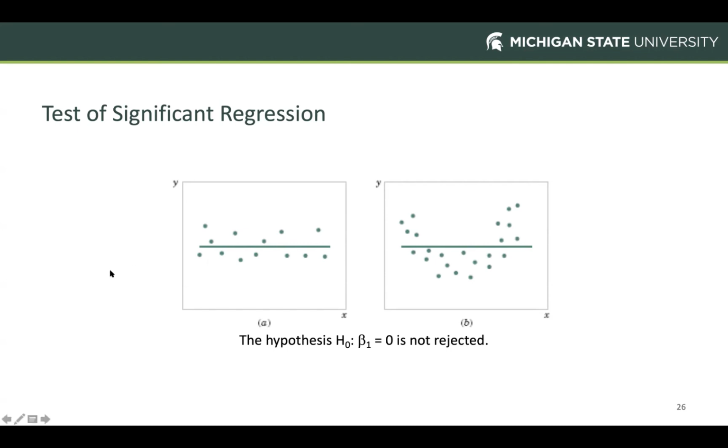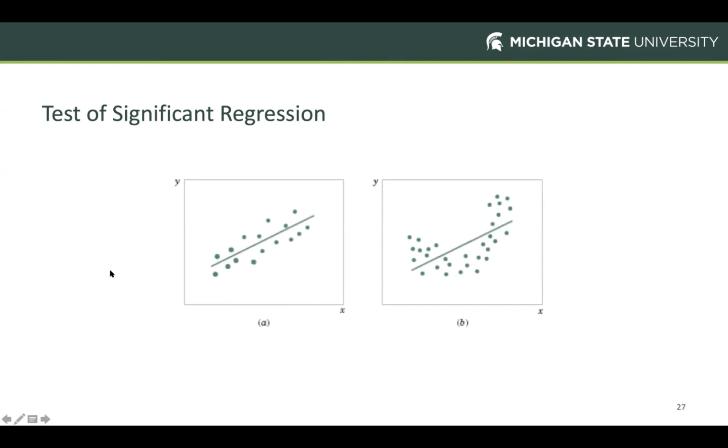And then relatedly, the next slide shows examples of cases where we do find a significant linear relationship and we can reject the null that beta 1 is equal to 0. In this case, it looks like we're capturing what is in fact a nice, clean linear relationship.